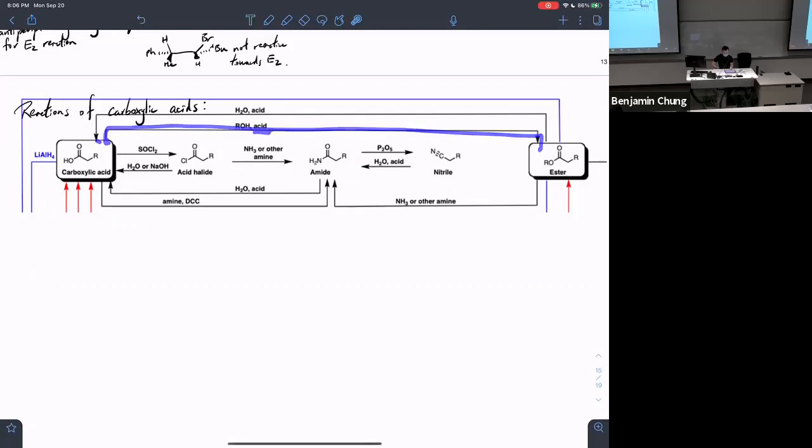This is called a Fischer esterification. And the reverse reaction is just the ester hydrolysis. So you free up the alcohol that is here and the carboxylic acid after you do the ester hydrolysis.